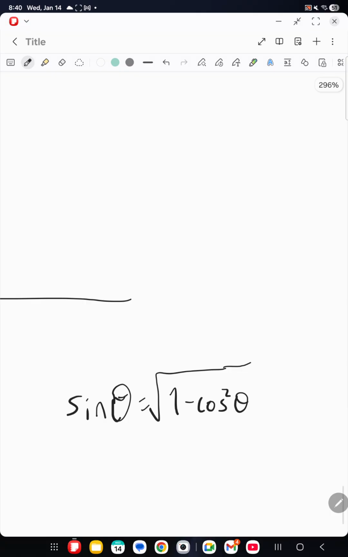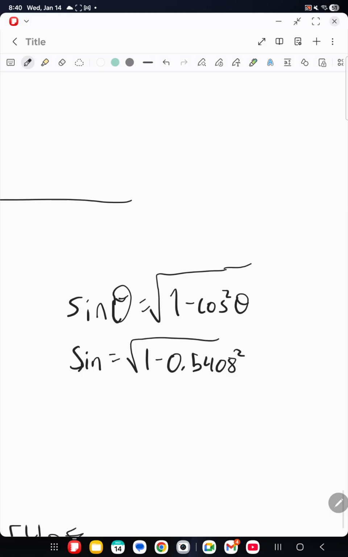Of course, it's the trig identity, right? This is basic trigonometry. Sin squared plus cos squared is equal to 1, the most essential trigonometric identity. And so sin theta will be equal to the square root of 1 minus 0.5408 squared.